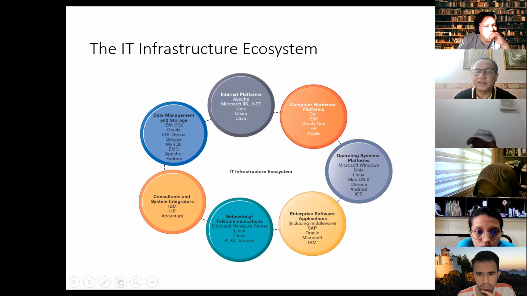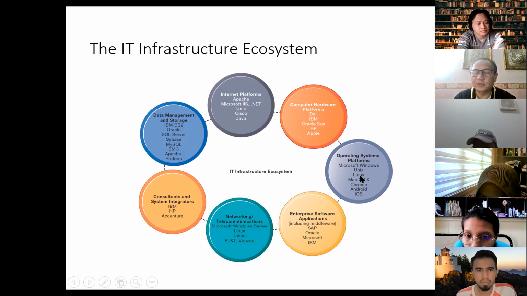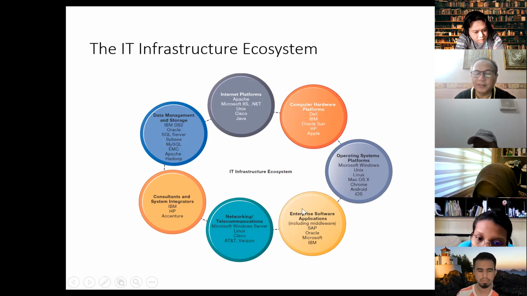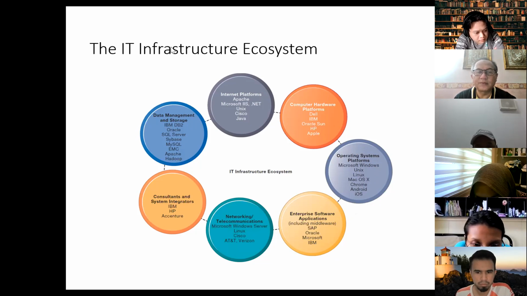Here is the computing hardware. We have hardware like Dell, IBM, Sun, HP, Apple, and then we have operating systems. The most prominent are Microsoft Windows, Linux, Unix, Mac OS, Chrome, Android, iOS, and then we have enterprise software applications, including their middleware: SAP, Oracle, Microsoft, IBM.